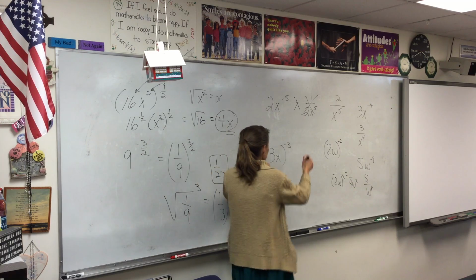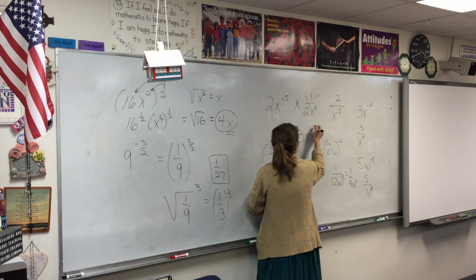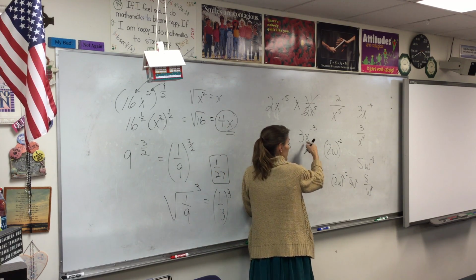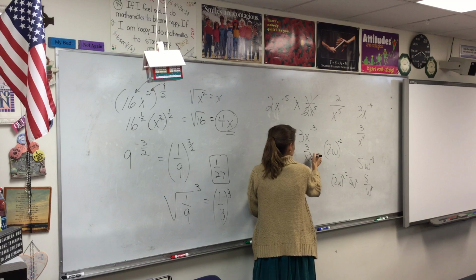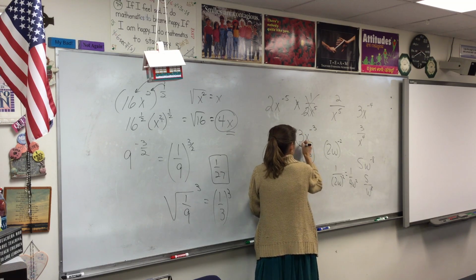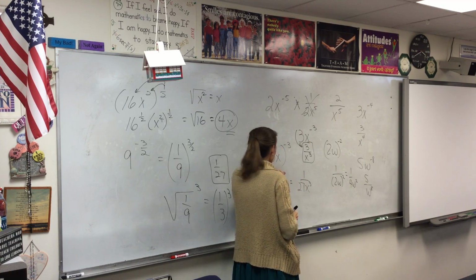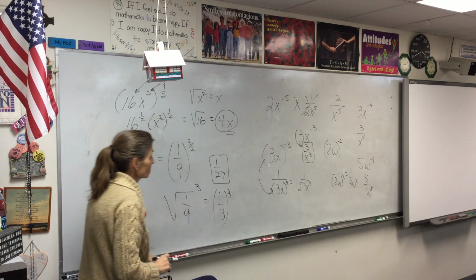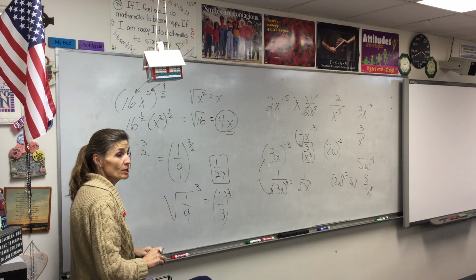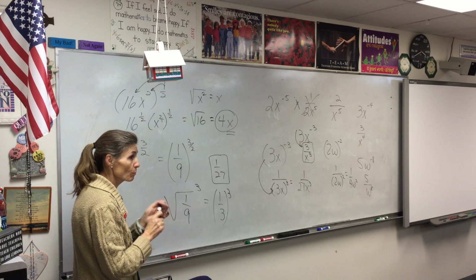That is different than this. What would this be? 3 over x cubed. Right? That's different than this one. Pay attention to where the parentheses are.